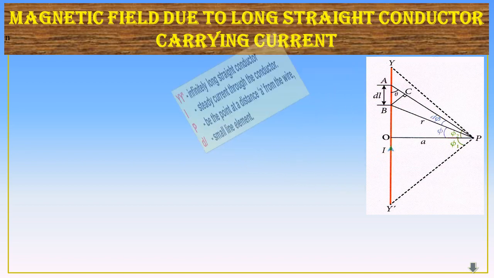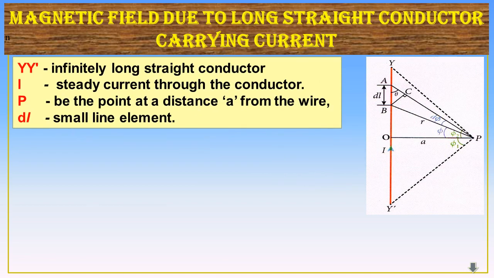Here, P is the point at a distance A. The distance from O to P is A, and we take a very small line element, termed dL, between A and B, because we cannot take this infinitely long straight conductor as a whole.